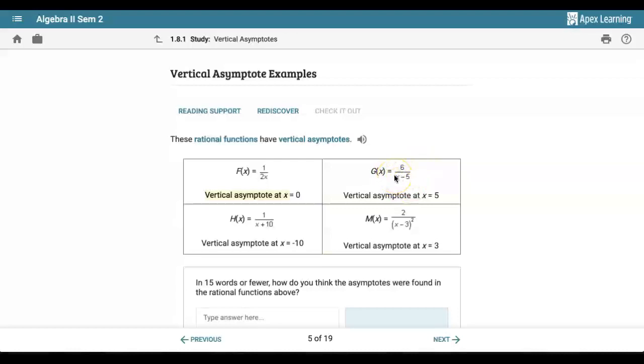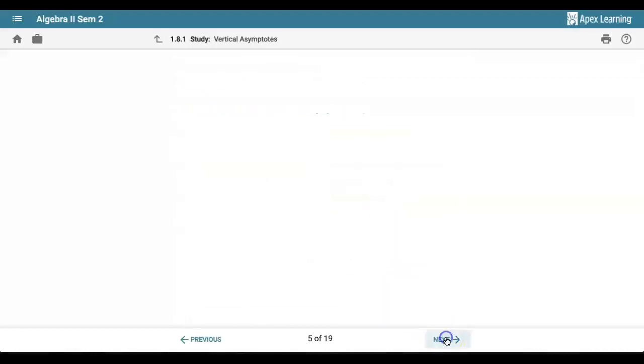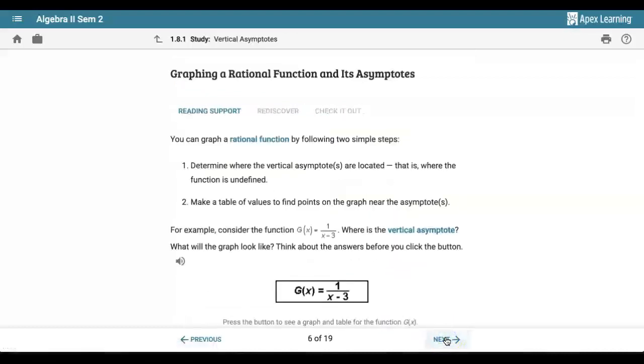So now you can understand why, when we were talking about functions, we were trying to figure out what values x could not be equal to, because those values that x can't be equal to are going to give us our vertical asymptotes.